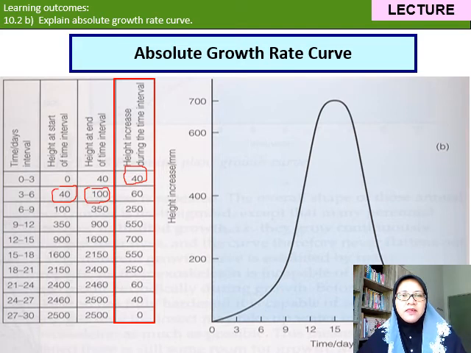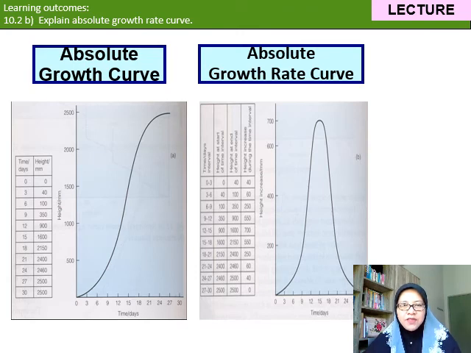Thus, the height increase during the time interval is 100 minus 40, that is 60 mm. By plotting these increments, the height increase during the time interval against time, it will produce an absolute growth rate curve.